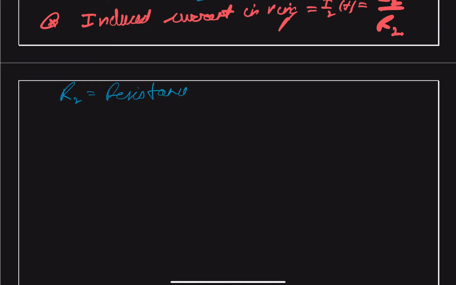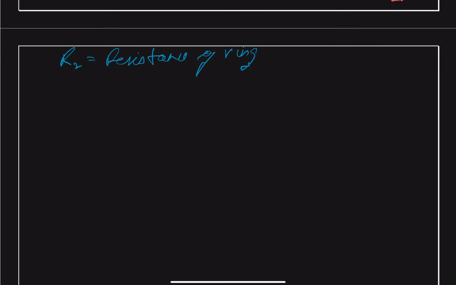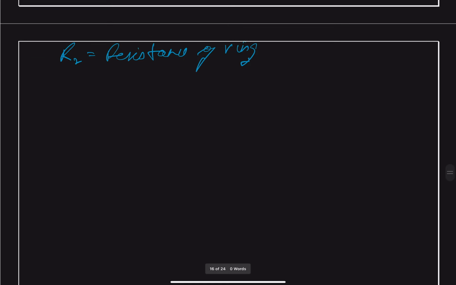Therefore, we substitute the value of our induced EMF that we just calculated. So we get I2 of t is equal to E2 upon R2, which comes as A K I naught divided by R2 tau, times e raised to minus t upon tau.